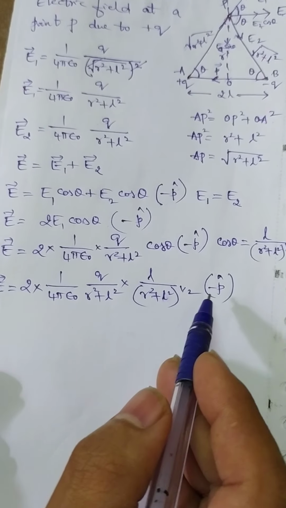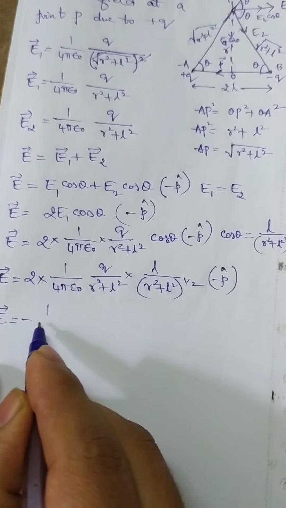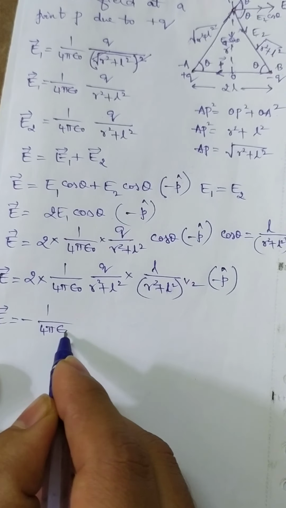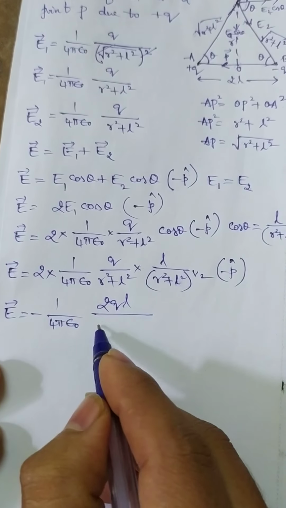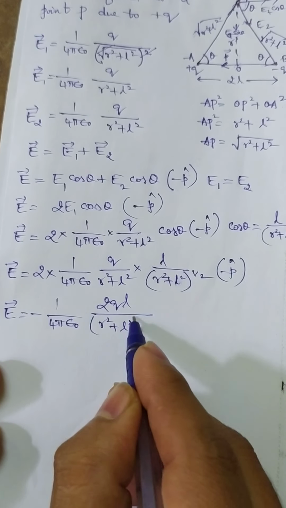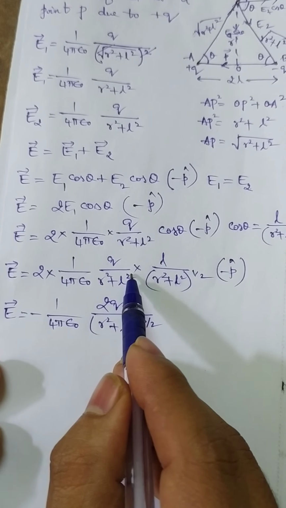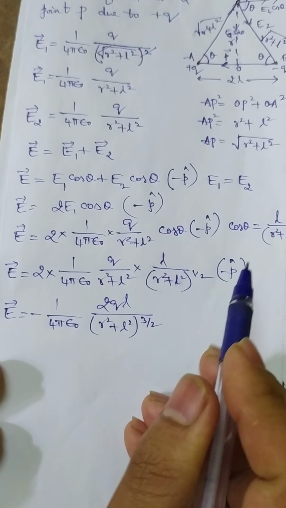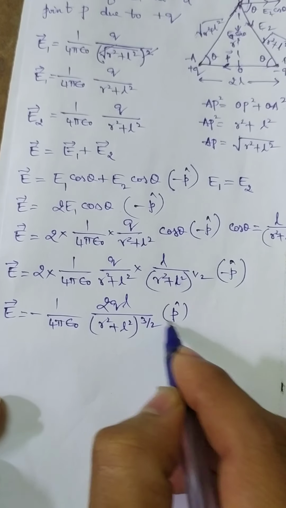Next, I'll take this negative sign to this side: minus 1 by 4 pi epsilon naught into 2QL divided by R square plus L square to the power of 3 by 2. This is to the power of 1 and this is half, so 1 plus half comes out to be 3 by 2. Next, this comes out to be P cap.